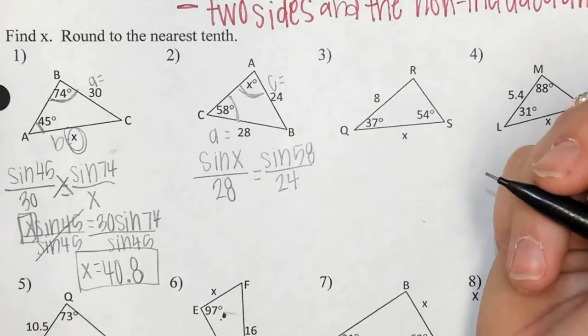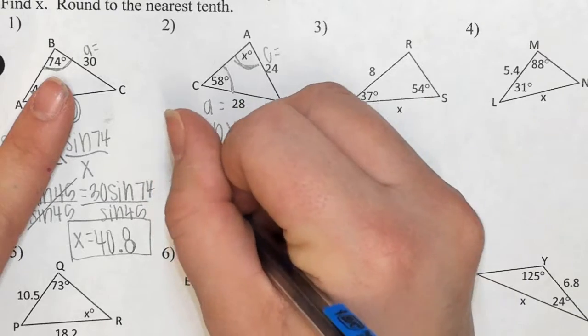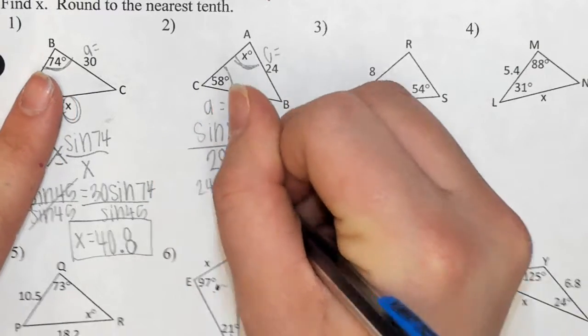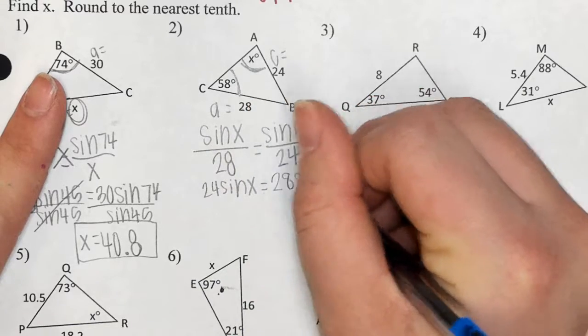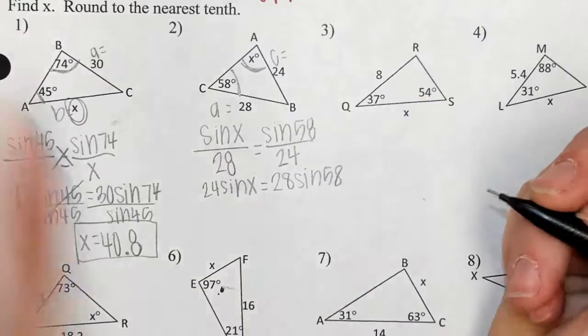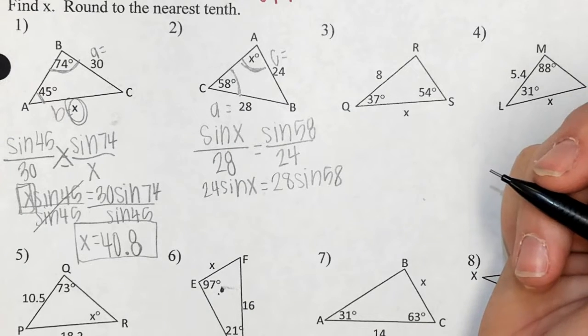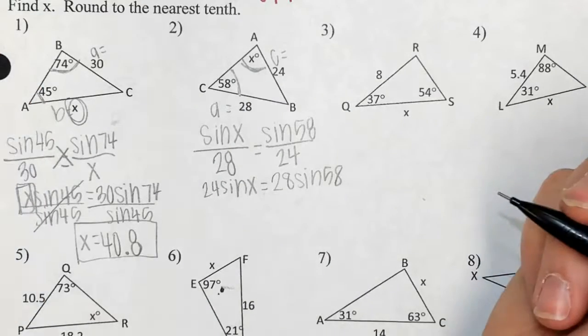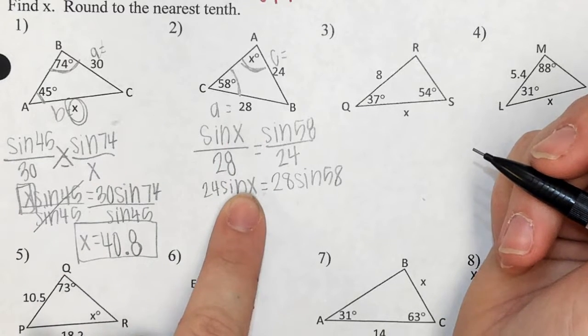Very good. Cross multiply: 24 sine of x equals 28 sine of 58. Okay, this is where you have to be careful because I'm finding an angle, so I have to take the inverse, right?